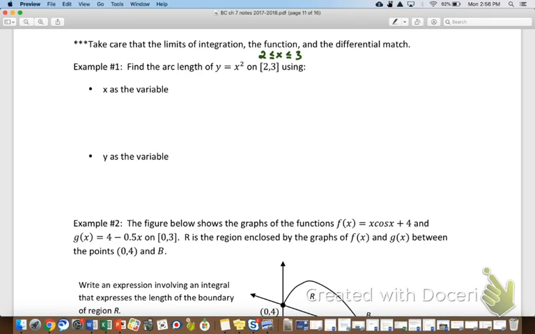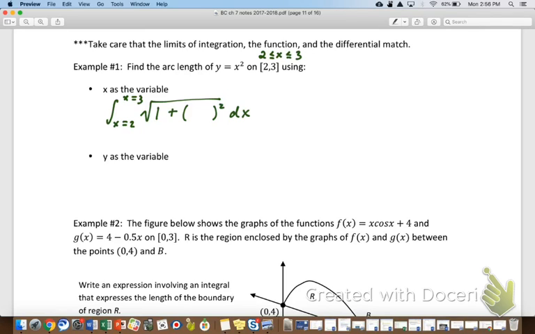If you were doing something like this, you would remember or hastily derive one of the two formulas, and we'd say the arc length is equal to the integral from x equals 2 to x equals 3 of the square root of 1 plus (dy/dx) squared dx.